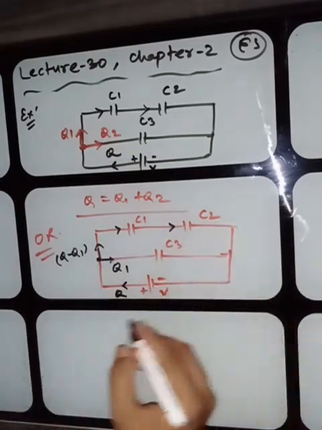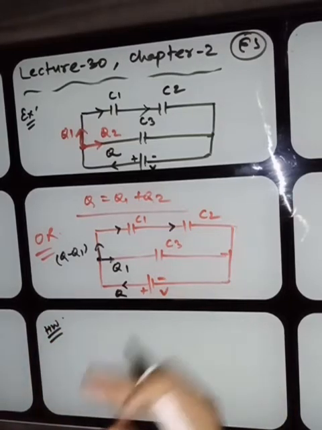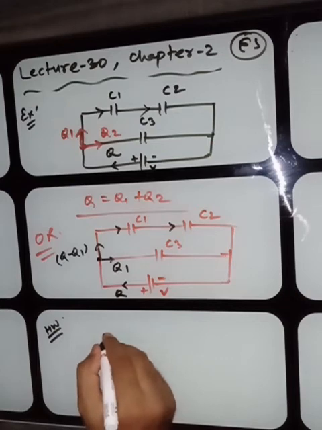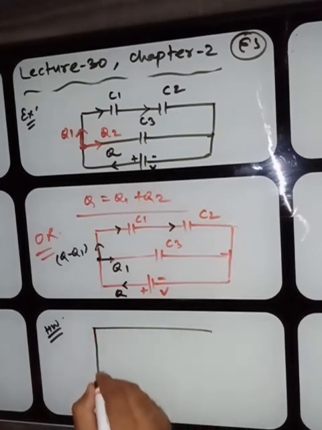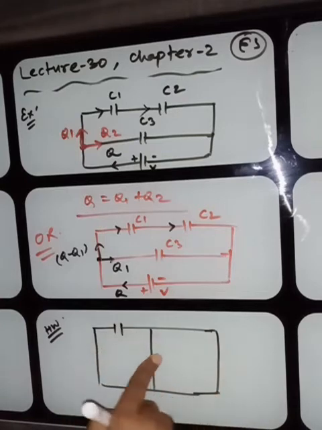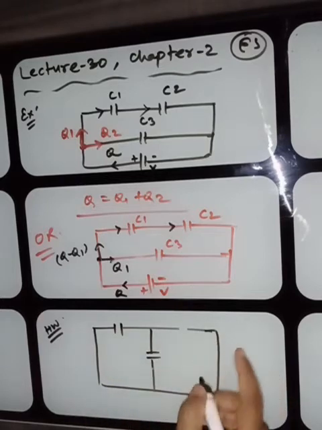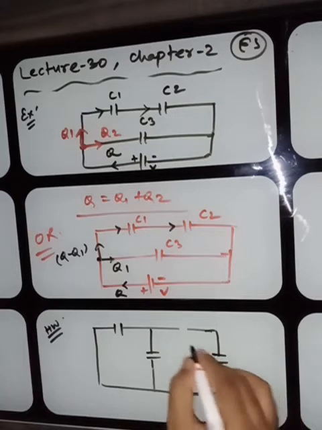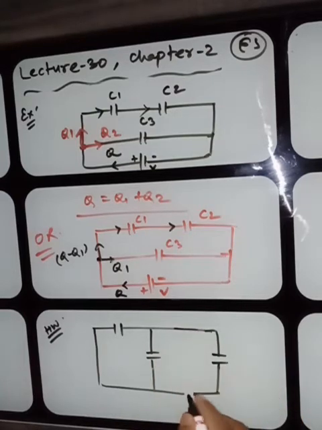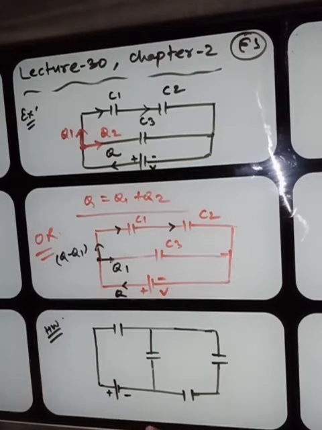My dear students, one homework I'm giving you. This is your home assignment. Two homework I'll give. One: I'm arranging here one capacitor and a battery. Battery I'm placing over here. This is the positive and negative terminal.